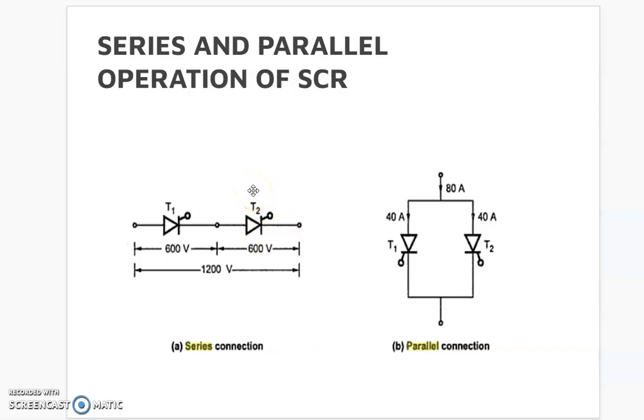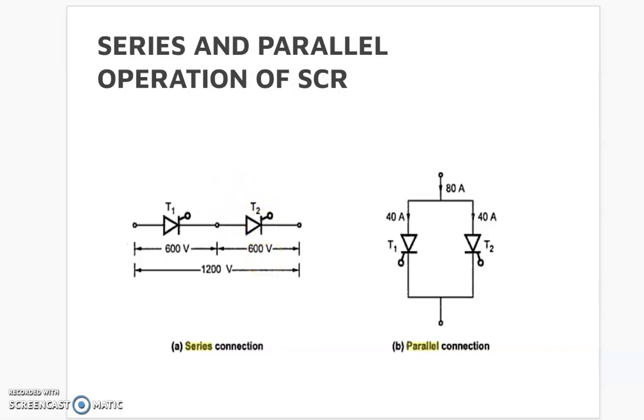Because of this, sometimes T1 starts to conduct quickly. So the entire 1200 volts is applied on T2, but the rating of T2 is only 600. In that case, the SCR might get damaged.